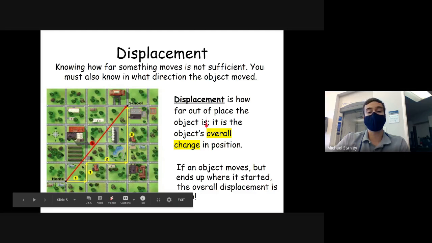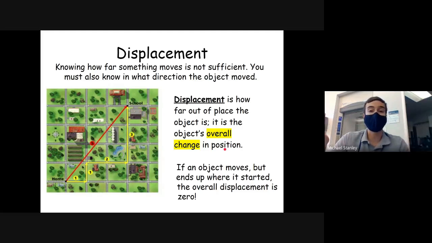So displacement is this overall change in position: how far away is your starting point from your ending point? Distance is how much ground you covered: how much distance did you travel going between the starting point and the ending point?